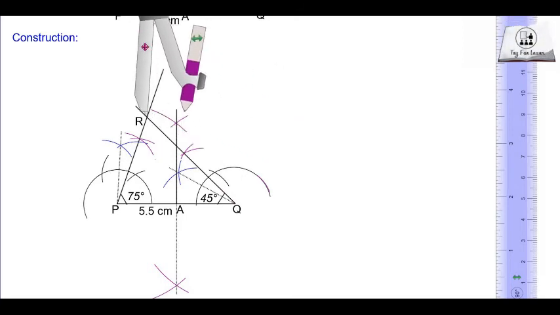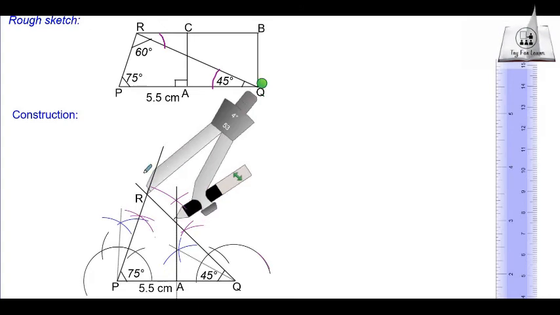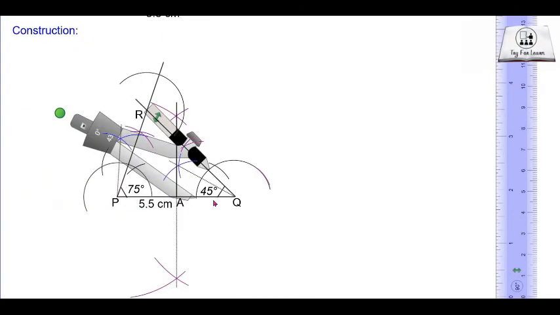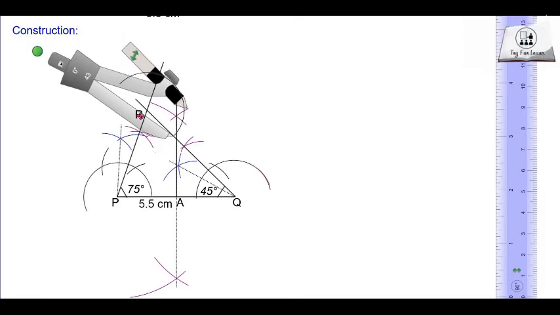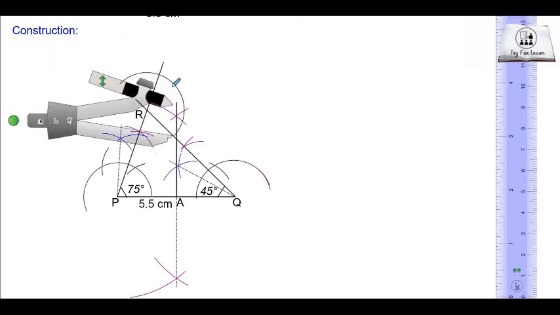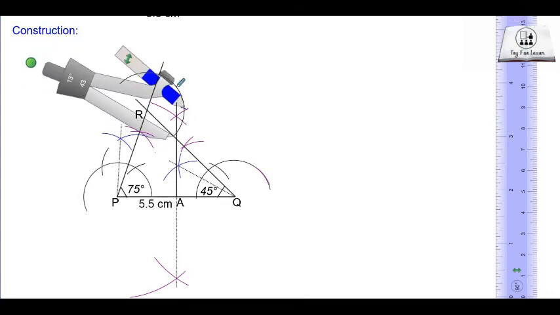So I have measured this arc and then cut the same arc from R. Now measure the arc which is taken in Q in this compass. Now measure angle PQR in the compass and cut the same arc from this point.